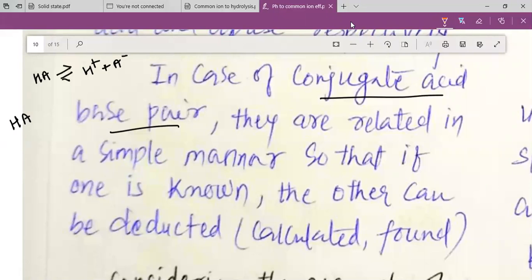This HA is an acid, and this A- is called a base, and HA and A- are called a conjugate acid base pair.